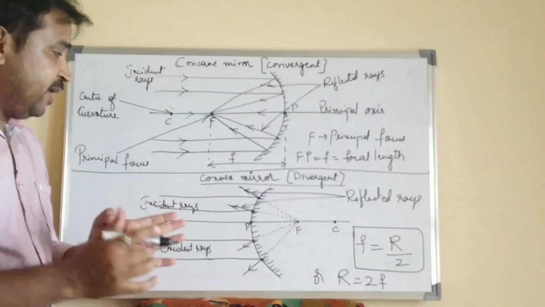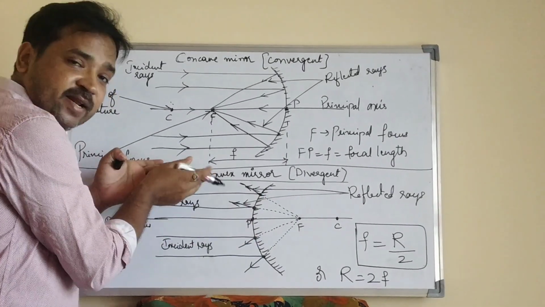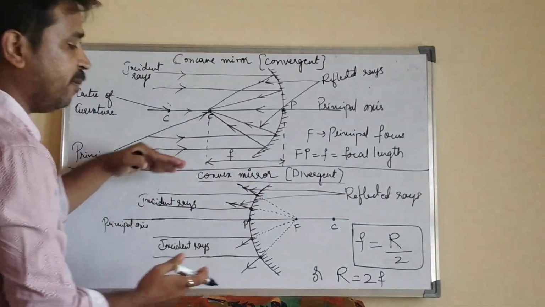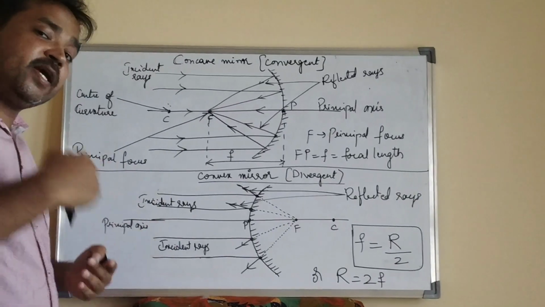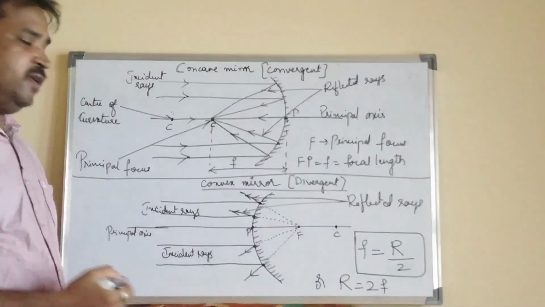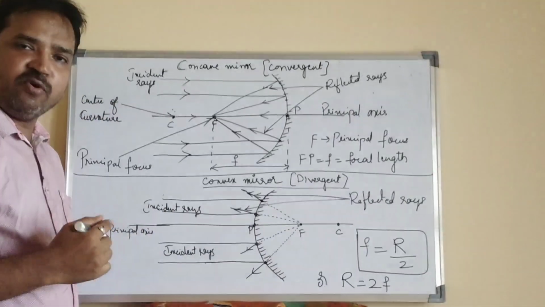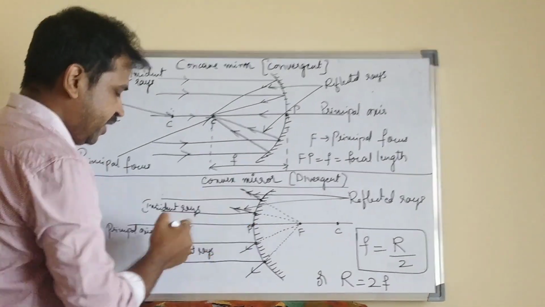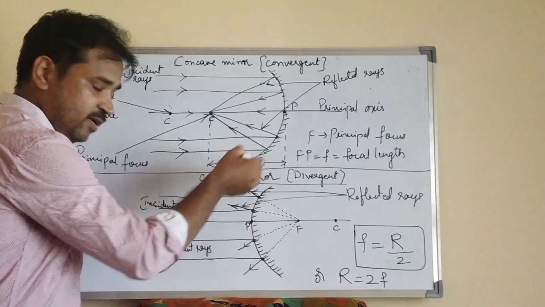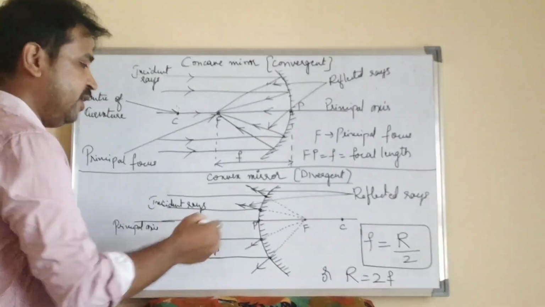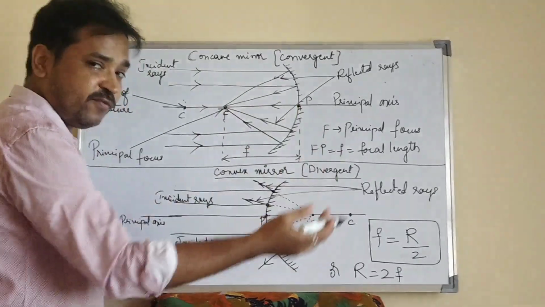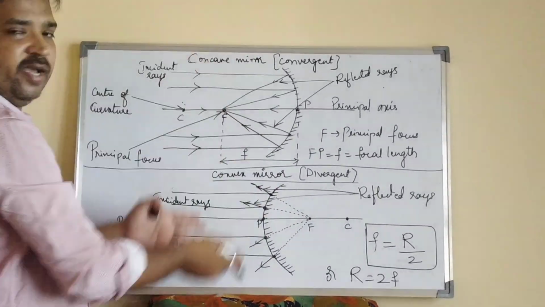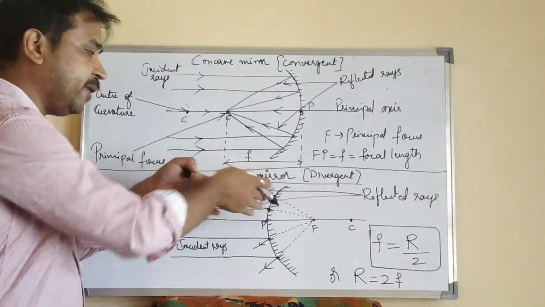They indicate that the reflected rays appear to be coming from the principal focus. Apparently, when these incident rays fall on the reflecting surface, even though there is a non-reflecting surface on the other side, they appear to be converging at the principal focus. It's not real, they appear to be.